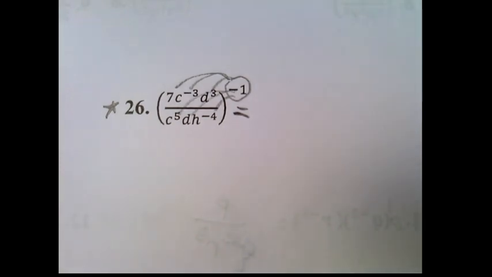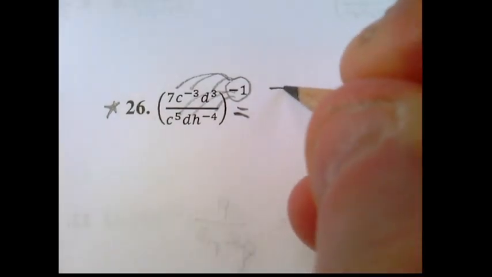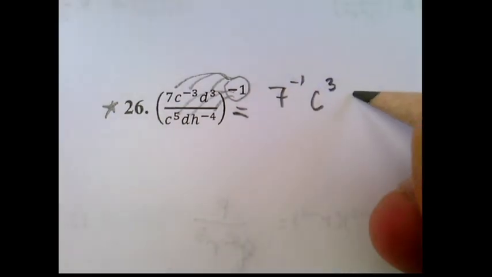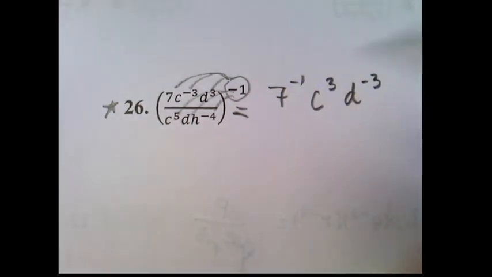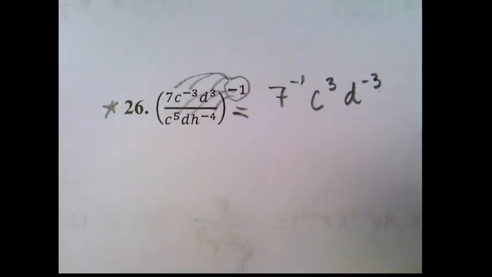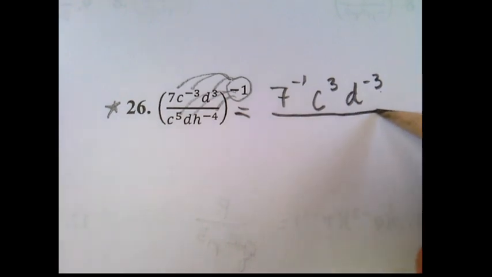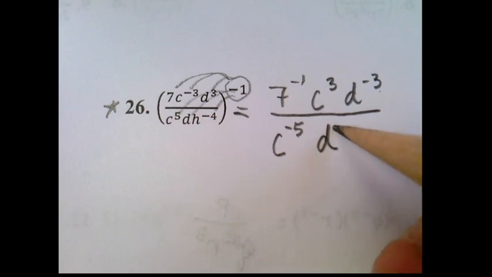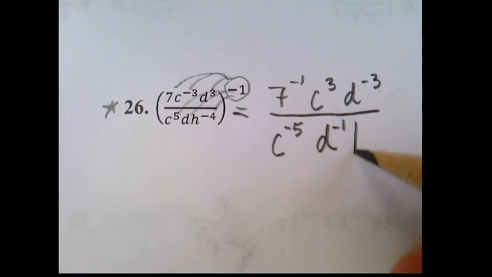But if you're not sure about that, you could always just write this out. Remember we multiply the exponents here. So that's how we get a -3 right there. And then write it down the bottom here, c to the -5th, d to the -1st, and h to the 4th.